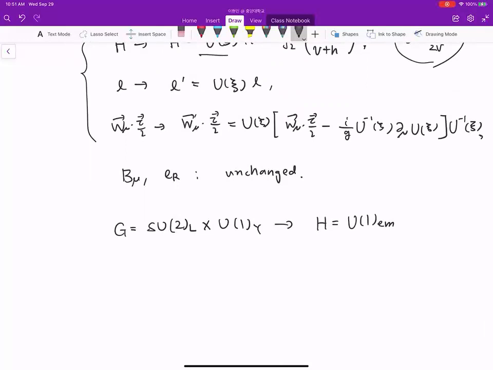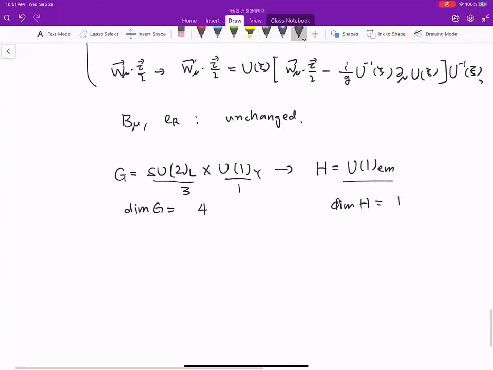So the dimension of the group: we have 3 from SU2, 1 from hypercharge. There are 4. For the U1, we have dimension of H equal to 1. There is only one generator. Because of that, as you can see, the would-be Goldstone bosons.